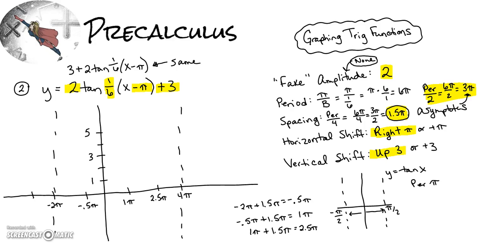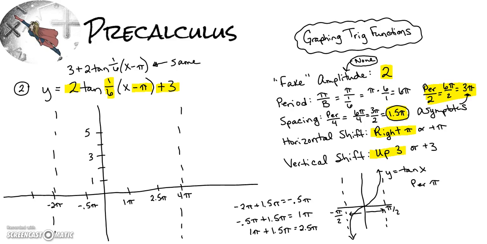So to make the actual curve, I'll show you on our little tiny graph over here. Tangent is like a little curve. Some people describe it as looking like a lazy river. That's the shape of it.